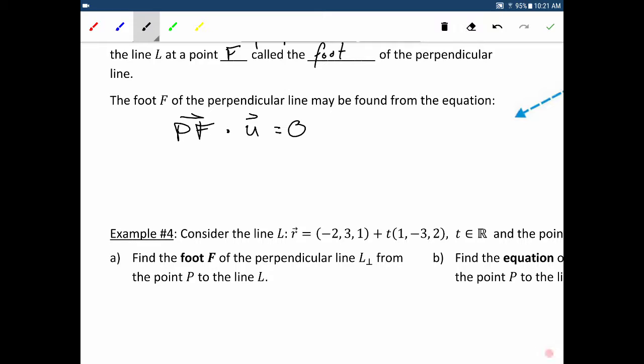So the vector equation would be r = OP, where O is the origin, plus s PF, where s is an element of the real numbers.